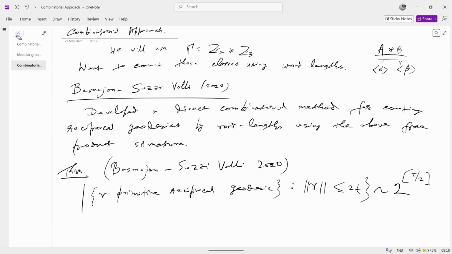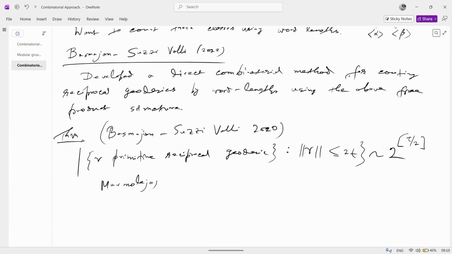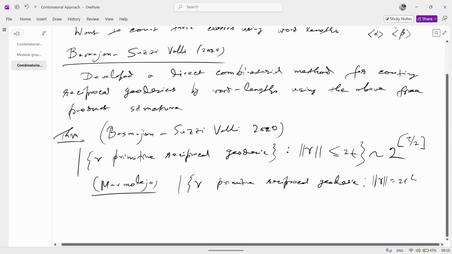Yeah. So this is the result of Basmajian and Suzzi Valli for reciprocal geodesics. Now following this work, Marmolejo generalized what they did. He counted gamma, primitive reciprocal geodesics such that the word length is at most 2t.